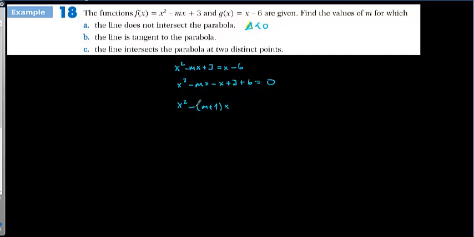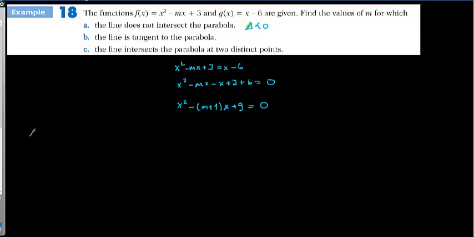When you take the minus out of the parentheses, it should be plus 1, so we get x squared minus (m plus 1)x plus 9 is equal to 0. So this is the new intersection quadratic equation, and we are going to find when delta is less than 0 for it.